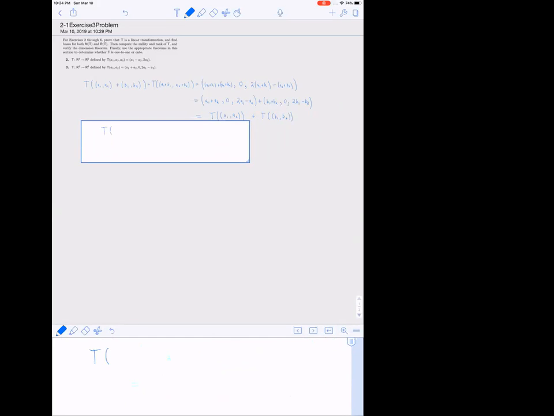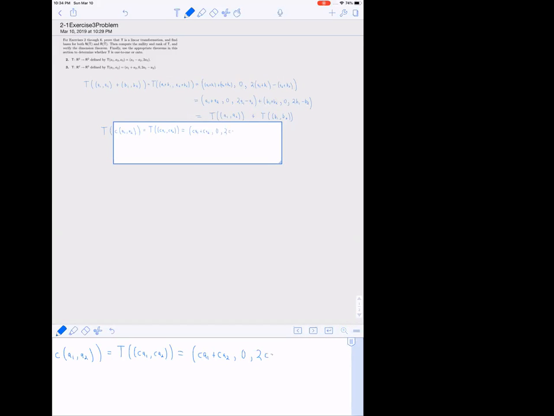Similarly, if we were to take C times the vector (A1, A2) and then apply T, well, first I should write this as a two-component vector, (CA1, CA2), then apply T. That should give me (CA1 plus CA2, 0, and finally 2 times the first component, CA1, minus the second component, which is CA2).